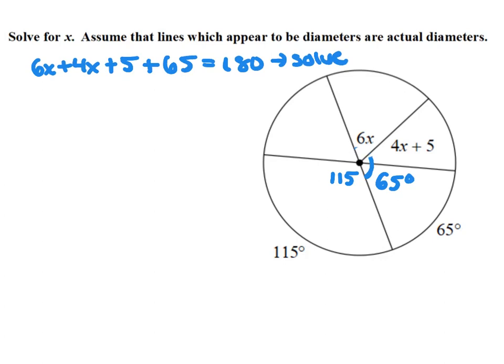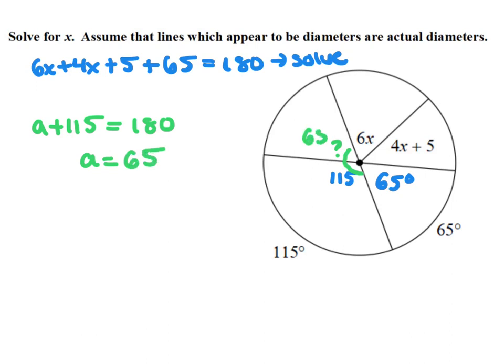The other method you could do is that if we find this arc over here, since these form a line, we could say that we'll call it A plus 115 equals 180. So we get A equals 65. And then if I know this is 65, we know that all the arcs in a circle add to 360.